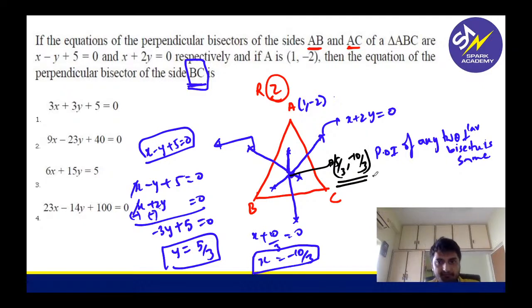Yes, everyone. So can I just verify options now? Using this, verify options. Easy, right? Yes. Easily you can solve, everyone.